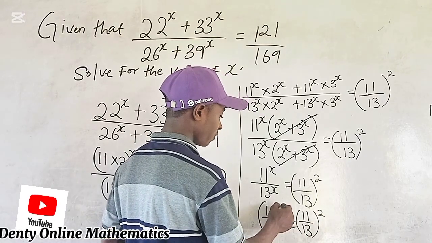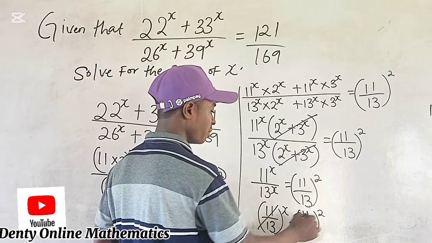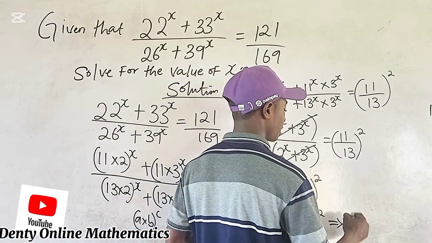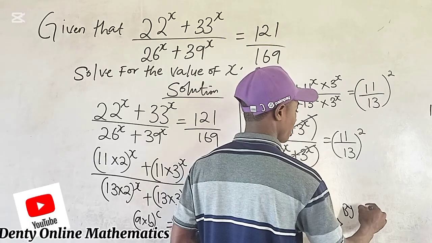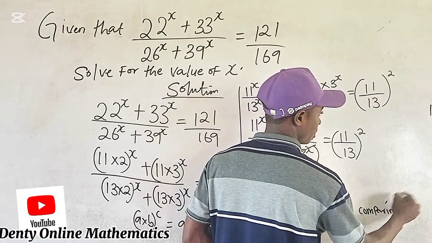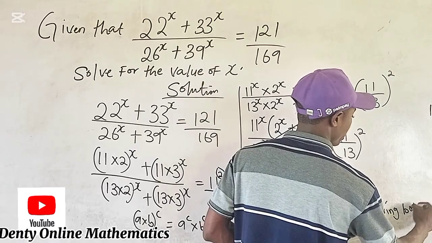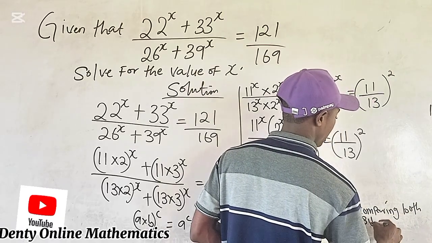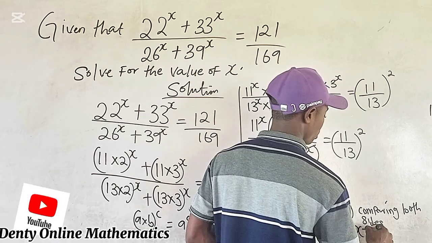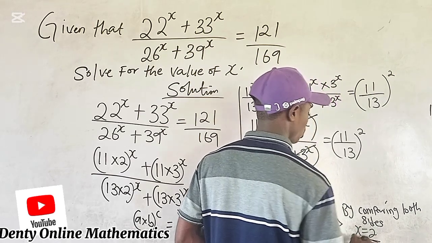So since I have the same base, I can do away with the base and work with the exponents. So this implies that by comparing both sides, x will be equal to 2.